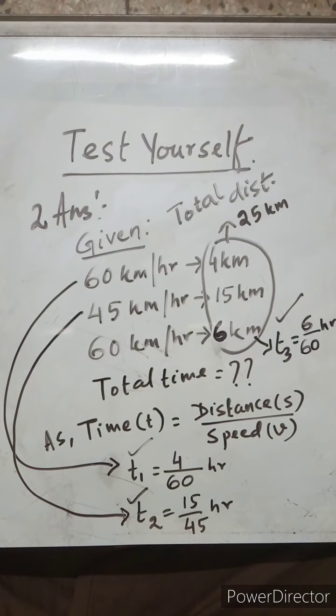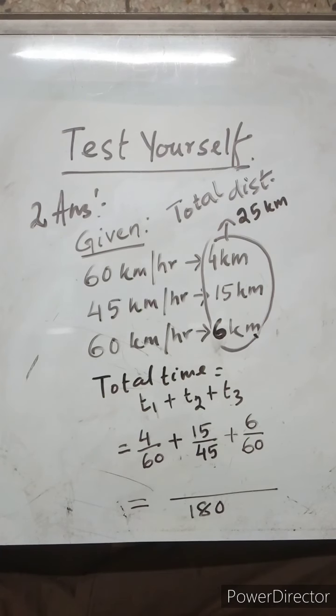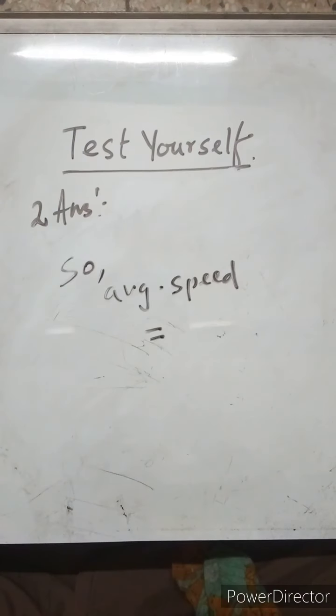The total time can be calculated by adding all three, t1 plus t2 plus t3, which is equal to 4 by 60 plus 15 by 45 plus 6 by 60. As you can see, the LCM comes out to be 180. So at the top we have 12 plus 60 plus 18, which adds up to 90. So it is equal to half an hour, 1 by 2 hours. So the total distance is obtained and the total time here is half an hour.